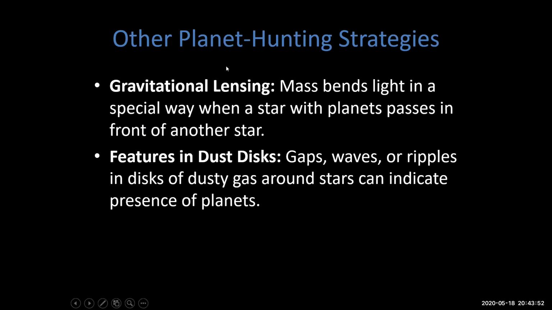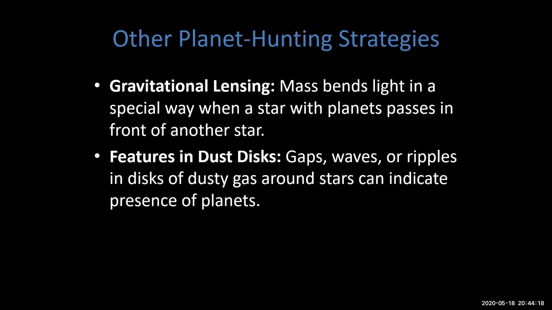There are 2 other methods as well, one more successful than the other. It's assumed that we can look at features in dust disks to predict the locations of planets that are in the formation process. Although we would not be able to see the planet itself, we could infer that one was there.